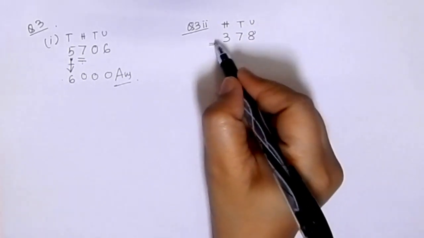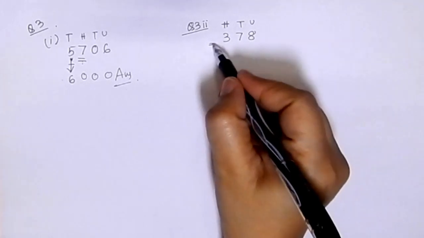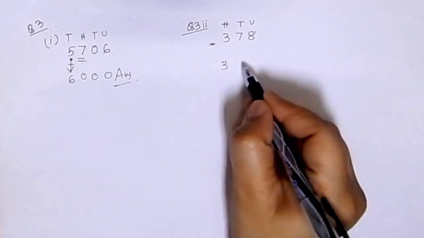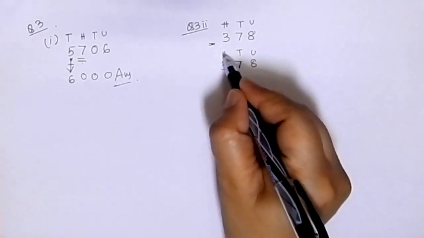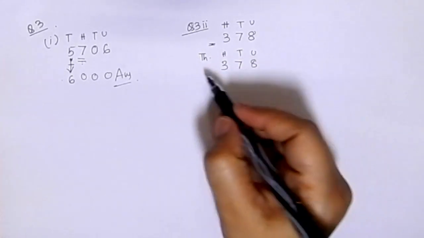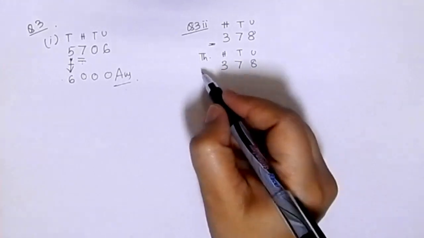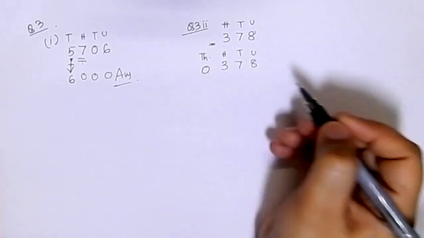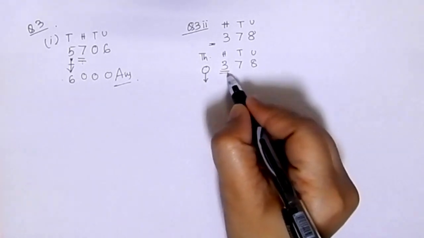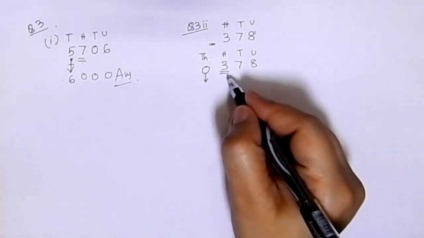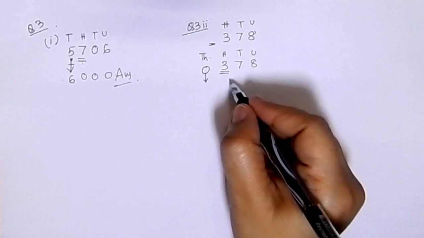Let me write this down again. There's no place on this side. See, the thousands place is empty. So that means here it is 0. So this is the rounding off position. Let us check this number. This is less than 5. So what will happen? This remains 0.